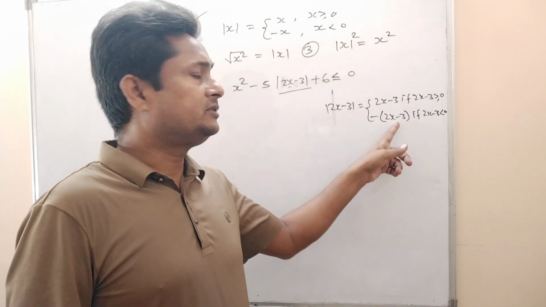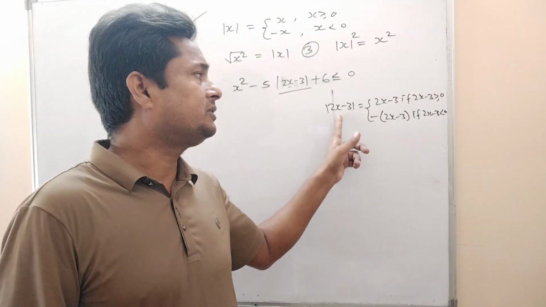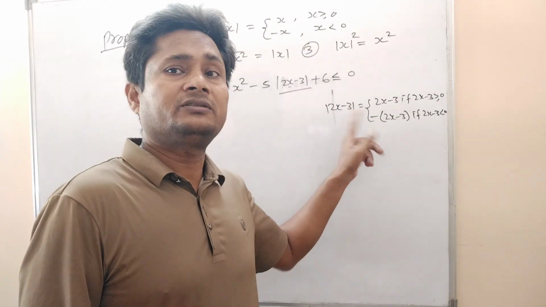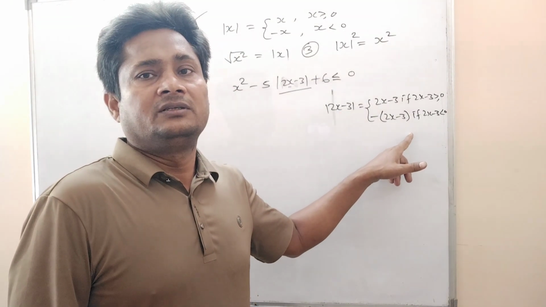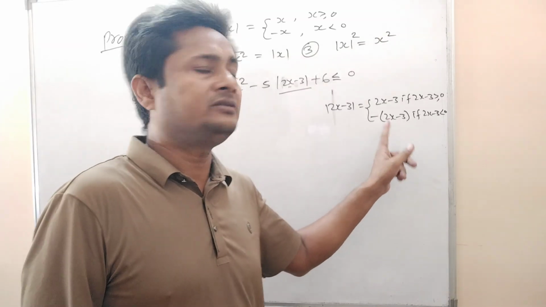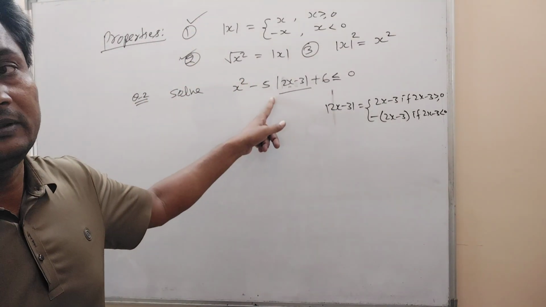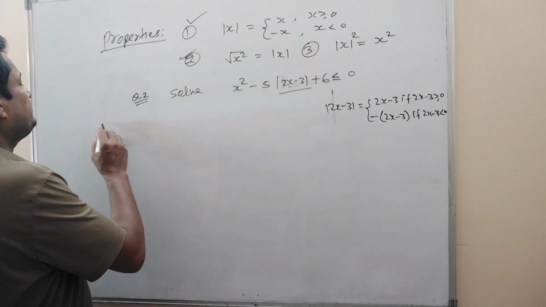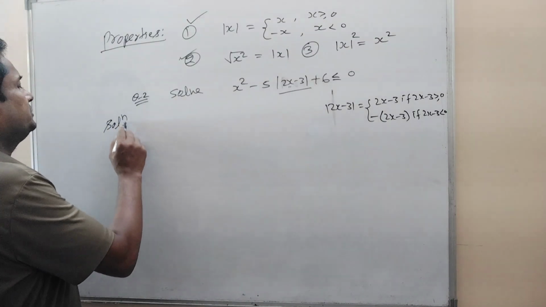If we use the property of modulus, we can break this modulus in this way. Now we can use this property in solving this question. So how will you solve this question?